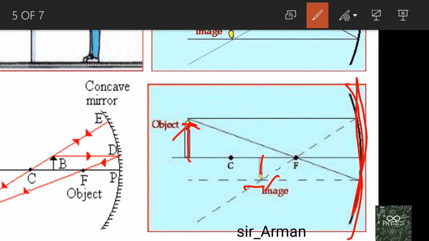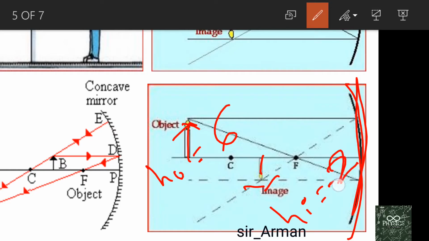The case number 2 in the concave mirror, you can verify it. So here HO, the height of the object, let us assume is 6 centimeters, and the height of the image, as it is lying downward, let us assume is 2 centimeters, but it is minus 2. Why minus 2?